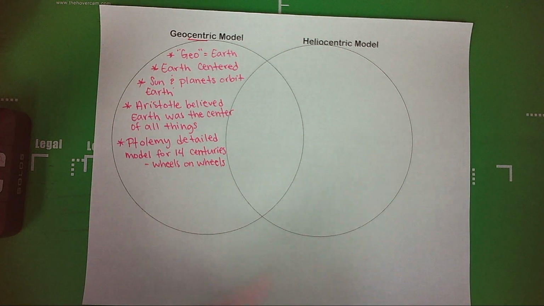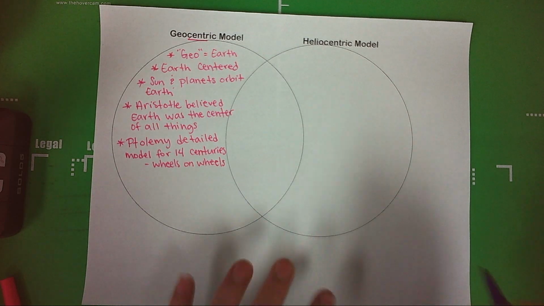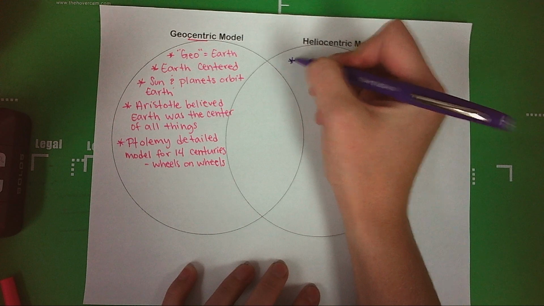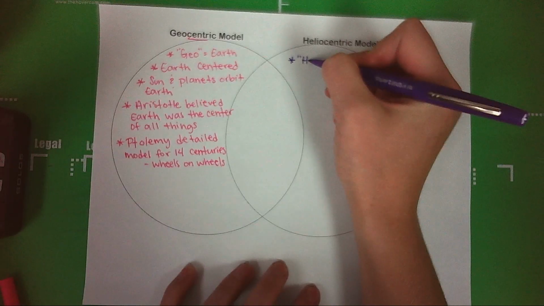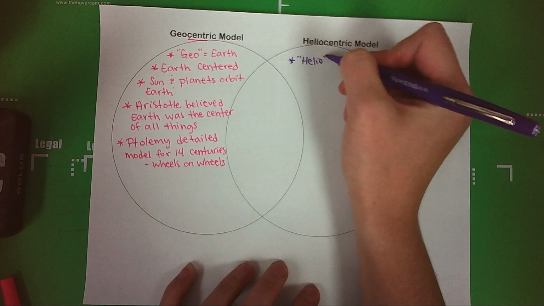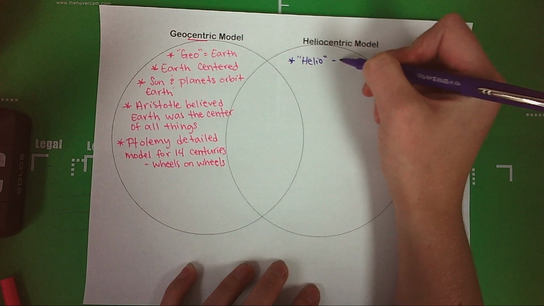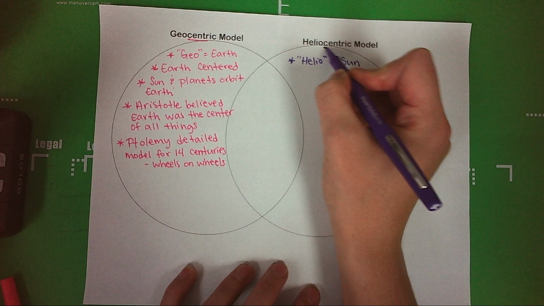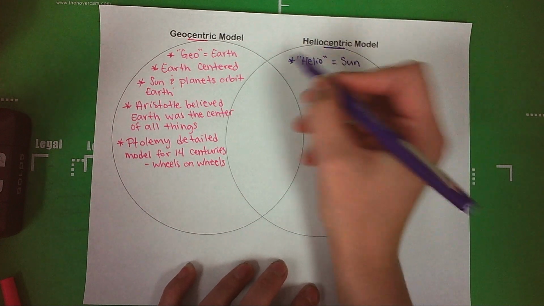Okay, so moving on, we'll go to our heliocentric model, and again we'll break down the word. So helio, that means sun, and again center, so this one, the sun is at the center.